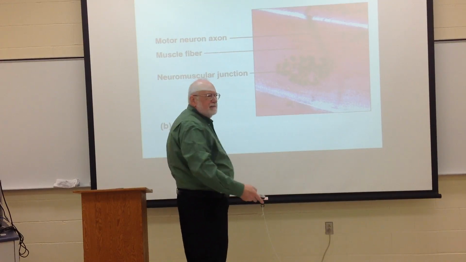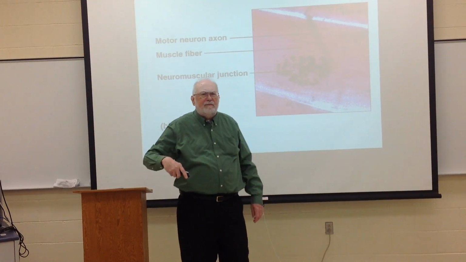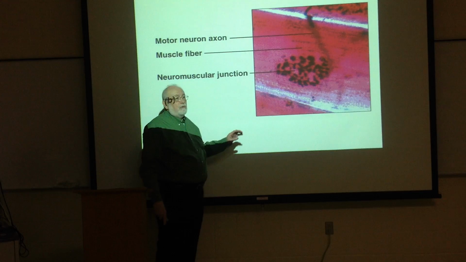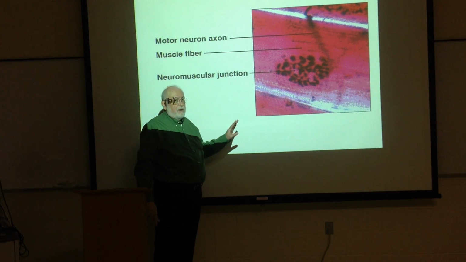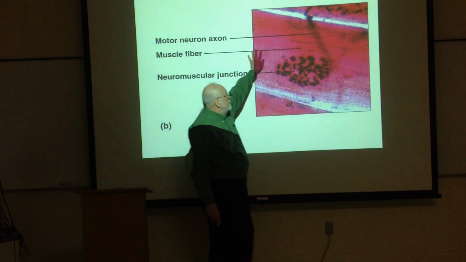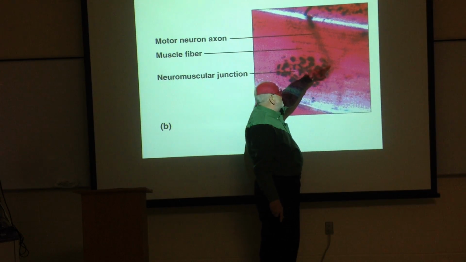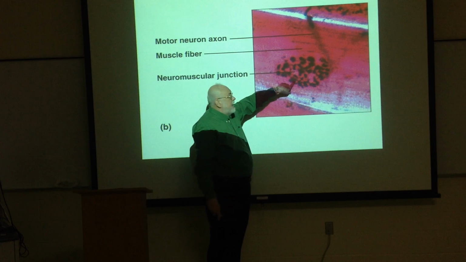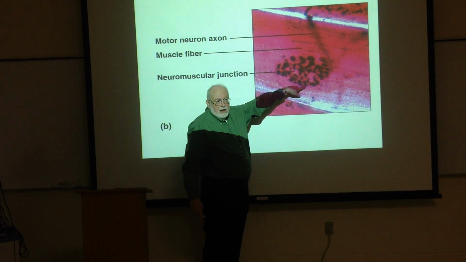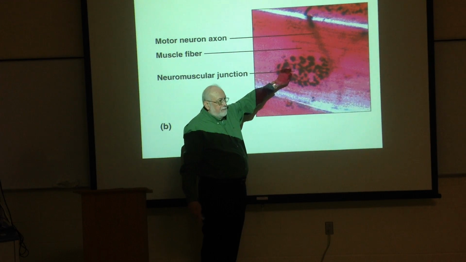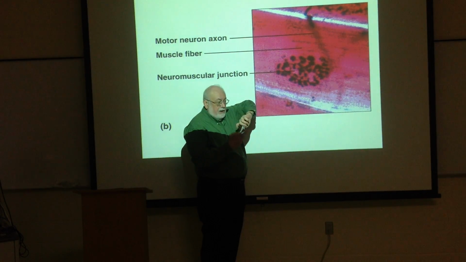All right? Now, what is the neurotransmitter substance? Well, let's take a look. Cut the lights, if you would, please, and we'll take a look at it. This is an actual photograph of one of these neuromuscular junctions. Here's the muscle cell. There's the axon. Here are all those synaptic knobs. All right? And each one of these now would be releasing that neurotransmitter if an impulse comes along here.